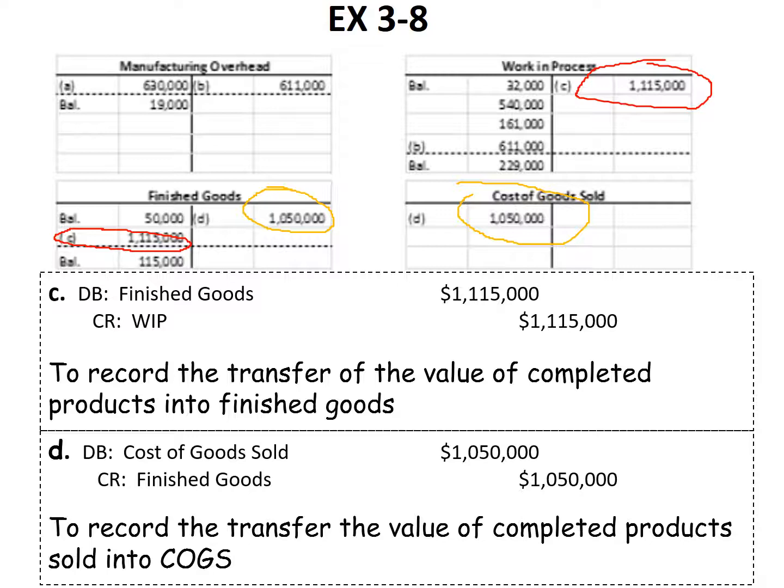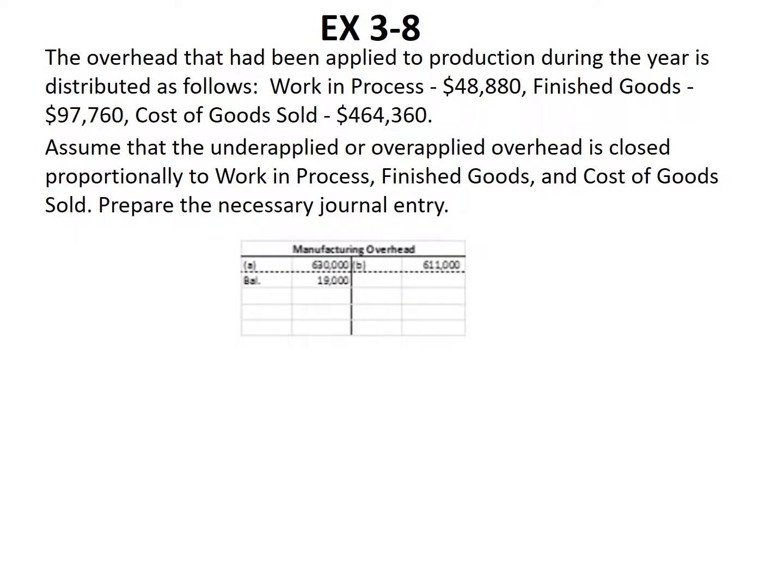Okay, now we're looking at the next requirement, and this is the requirement in the first slide of this problem. Basically it says close the manufacturing overhead, the under or over applied overhead, out to the cost of goods sold account.